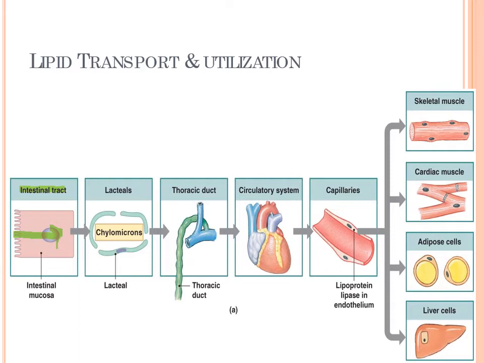From the lacteals, they drain into the thoracic duct, which dumps into the vena cava. From the vena cava, they're going to enter the heart and be sent out through the circulatory system. They can get all the way down into the capillaries, and then from the capillaries, diffuse out into skeletal muscle, cardiac muscle, adipose tissue, and the liver for utilization.